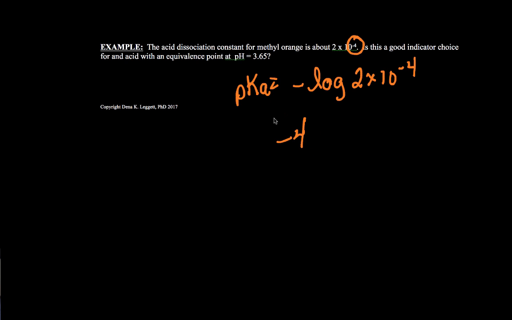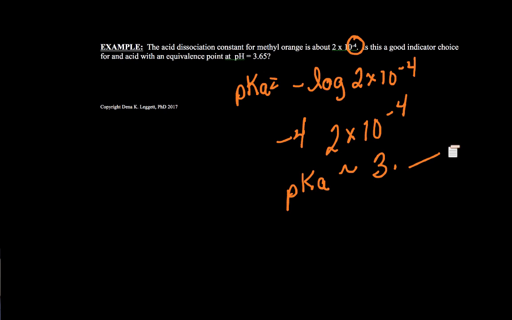The font's a little small on this to give me more room to write, sorry about that. So it's 2 times 10 to the minus 4. Therefore, my pKa must be approximately 3 point something. You look at that power and you go down by 1. So it's right in that range because I've got plus or minus 3.65. It's going to be right in that range of the plus or minus 1. So that would work well.